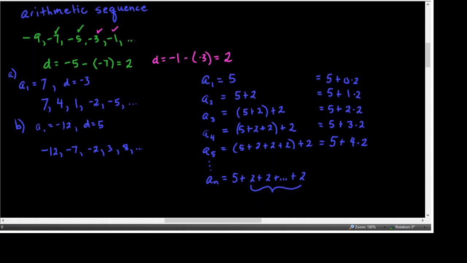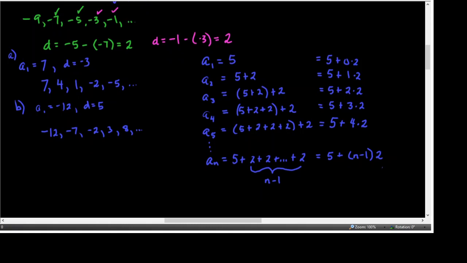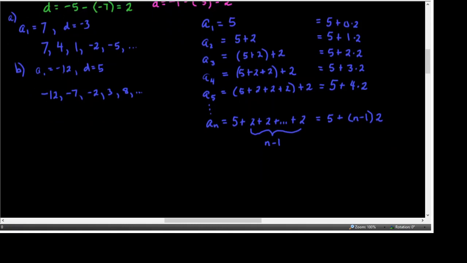Well, there are one fewer 2's than that subscript. So if that subscript is n, this should be n minus 1. So that when the subscript is 3, for example, we should be adding 2 2's, which is what actually happens. So it'll be 5 plus n minus 1 times 2. So that's for that specific arithmetic sequence.